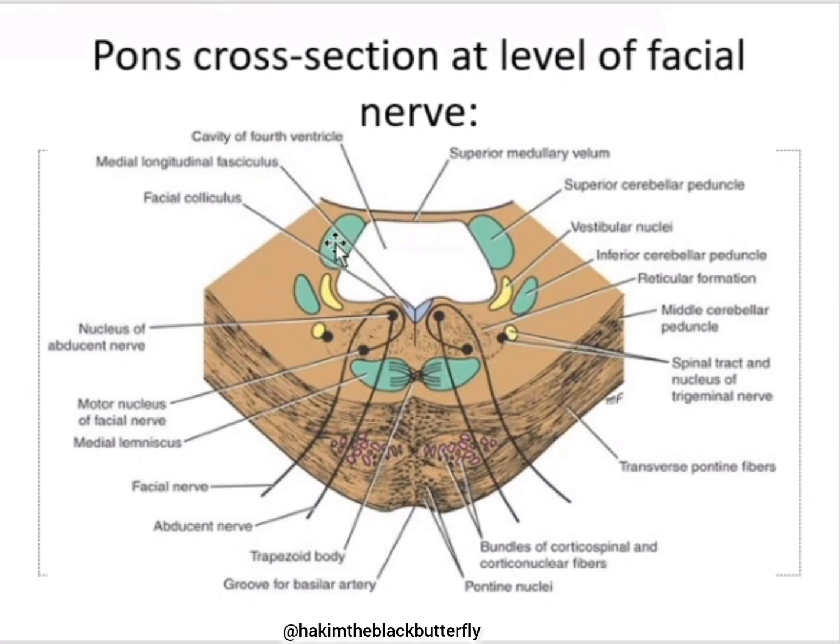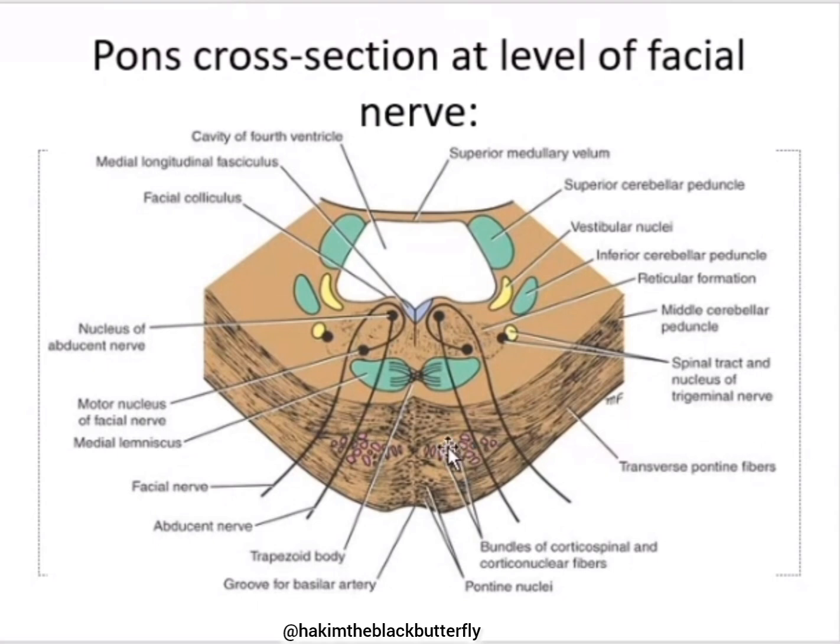Here we are seeing the inferior cerebellar peduncle, the superior cerebellar peduncle, and this one, which is the middle cerebellar peduncle, at the level of the facial nerve nucleus. This tissue around here is made up of very many neurons which are connected. This is what we call the reticular formation. This is what we see when we make a cross section through the pons at the level of the nucleus of the facial nerve.